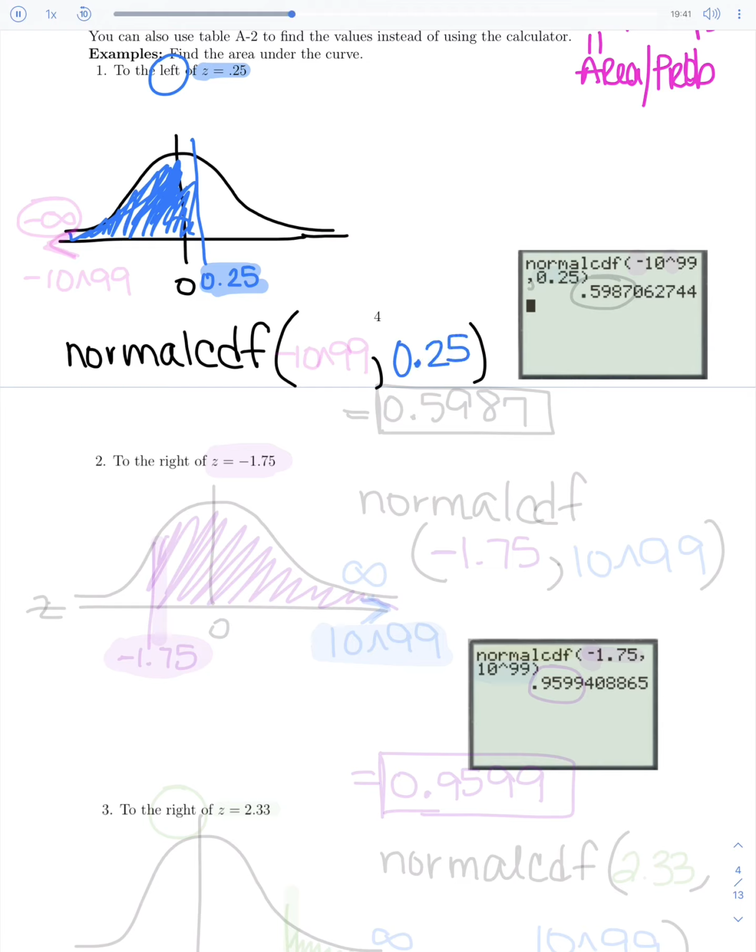The problem is, on the left-hand side, I don't really have a starting value because it goes on forever. And so I need to give a really, really large value, but I can't give something like an infinity. My calculator won't understand it.